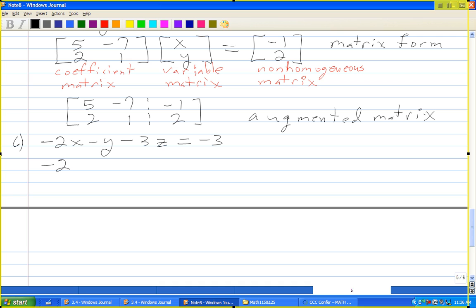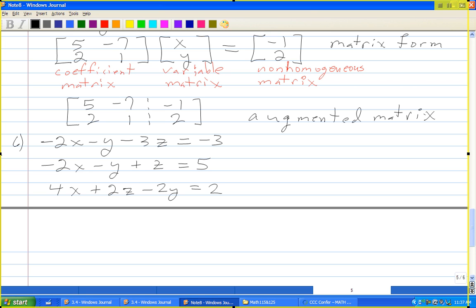Negative 2x minus y plus z equals 5. 4x plus 2z minus 2y equals 2. Okay.